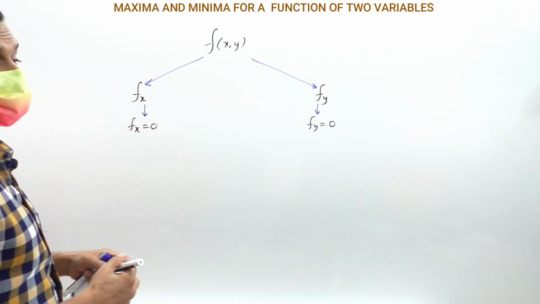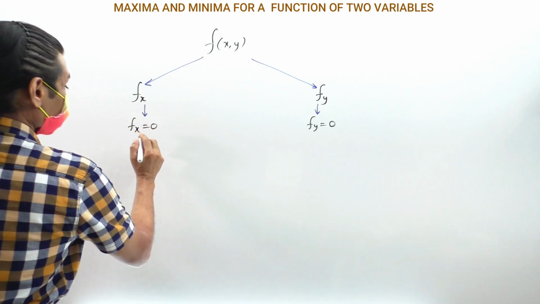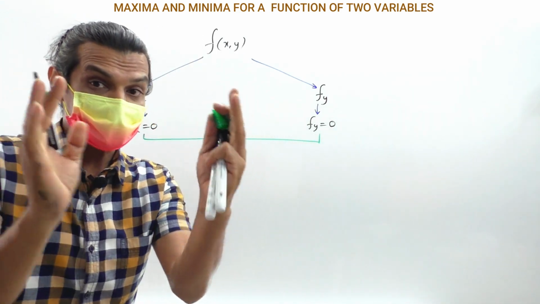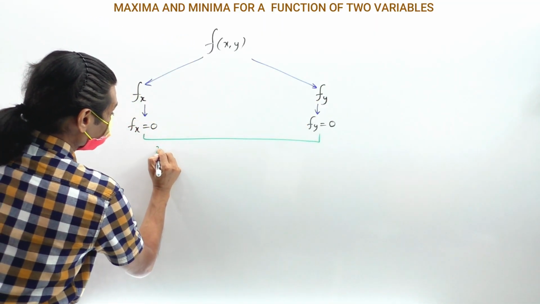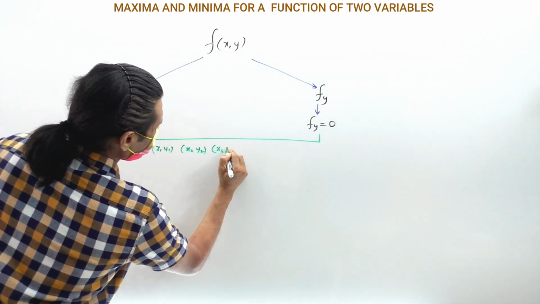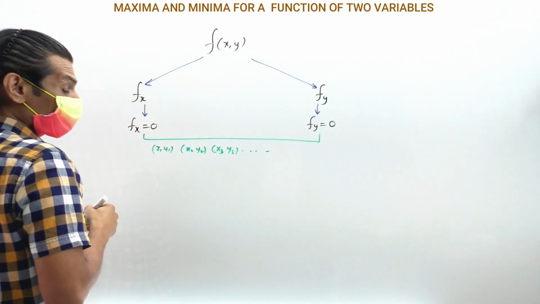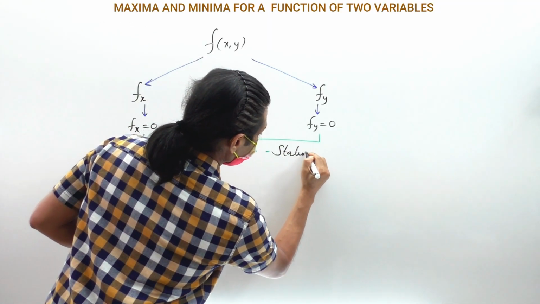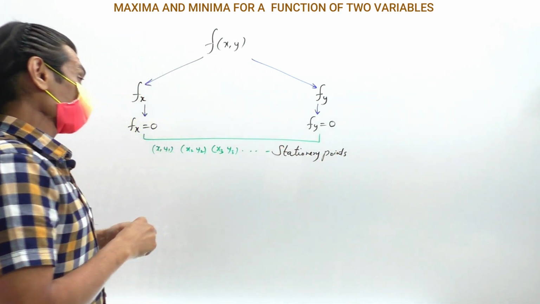Because we are going to solve both equations and find some points or ordered pairs, say x1, y1, x2, y2, x3, y3, and so on. All these pairs or points are called stationary points, which are very important here.